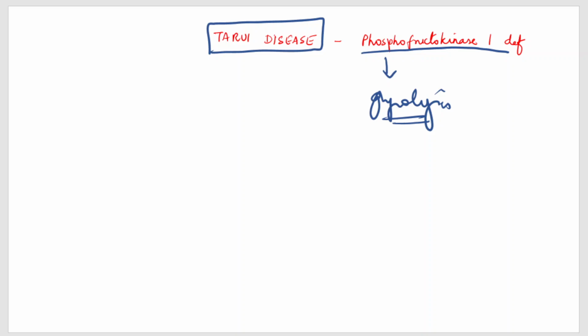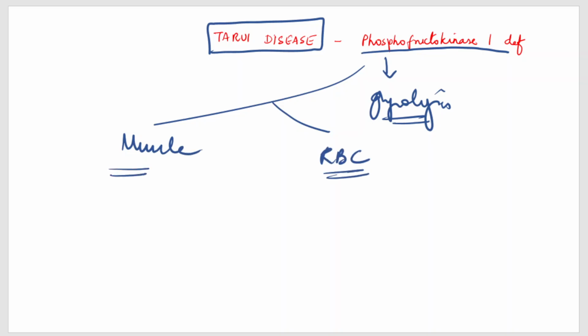And this phosphofructokinase is present in muscle and RBCs. So you will have manifestations in muscle and RBCs. In RBCs, it can be hemolytic anemia. So whenever there is a glycolytic enzyme deficiency, there will be hemolytic anemia, which is definitely for sure, right?